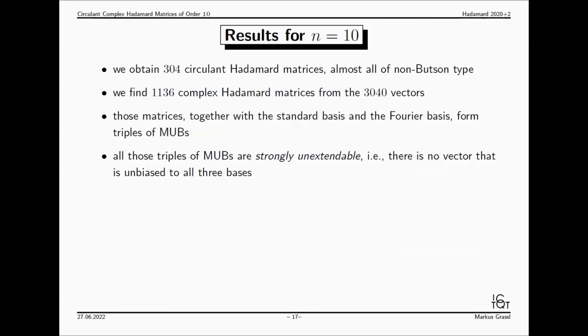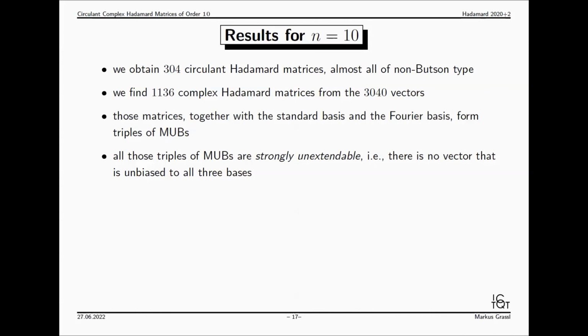So clearly, if we have 3040 solutions which are invariant under cyclic shifts, we only get 1/10 of them as circulant Hadamard matrices, and almost all of them are of non-Butson type. That is, in most of the cases, we don't have roots of unity as our solutions. We have some kind of algebraic numbers which under certain embeddings give us complex numbers on the unit circle.